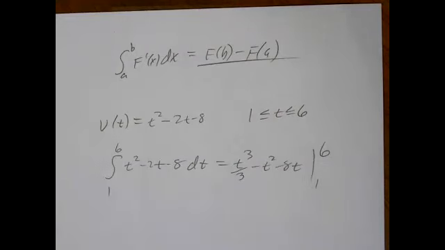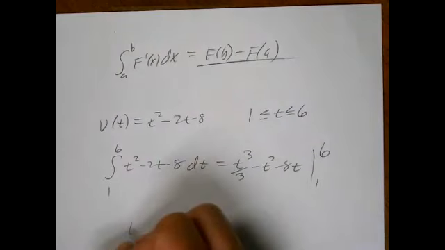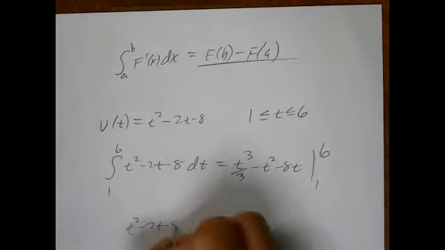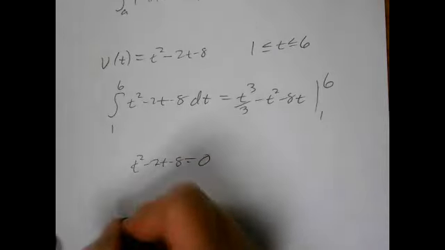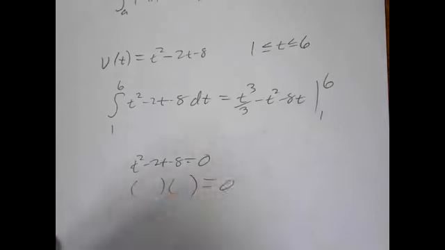Now, on the other hand, if you want to know what was the total distance that was traveled, then what you would need to do is take the t squared minus 2t minus 8 and set it equal to 0. I hope that this will factor. That would be convenient.